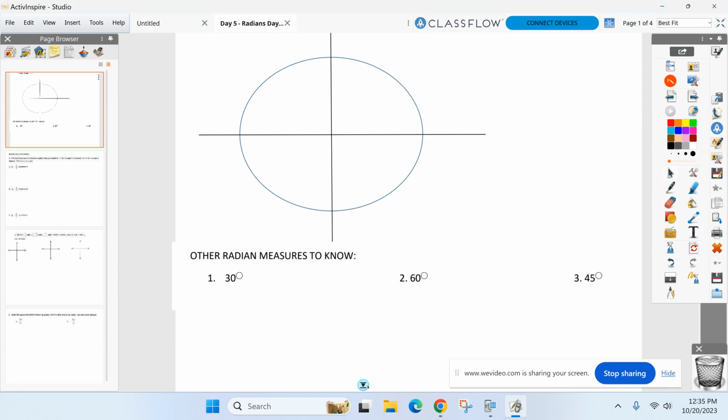All right, first thing here, there's a couple of degree measures I really need you guys to know right off the top of your head versus taking the time to convert them.